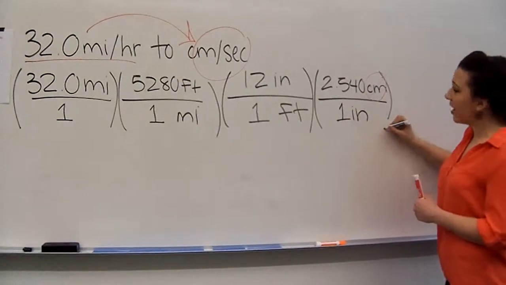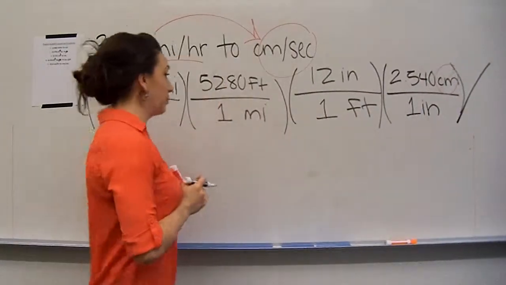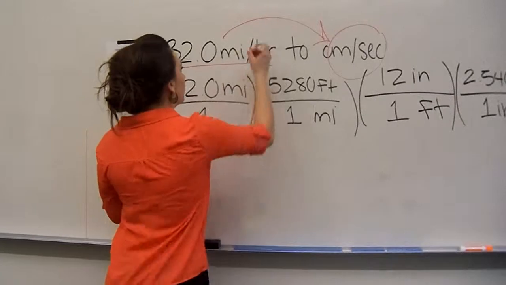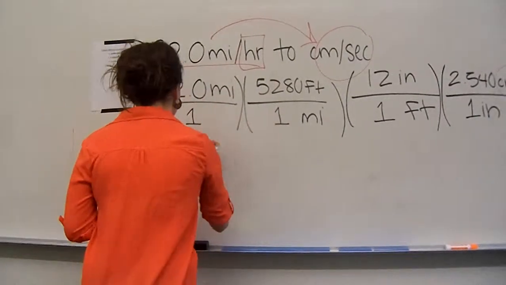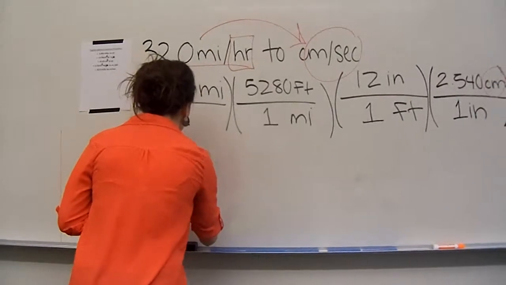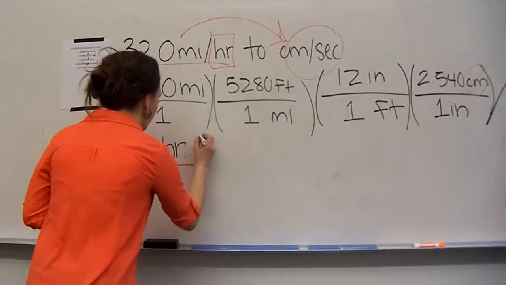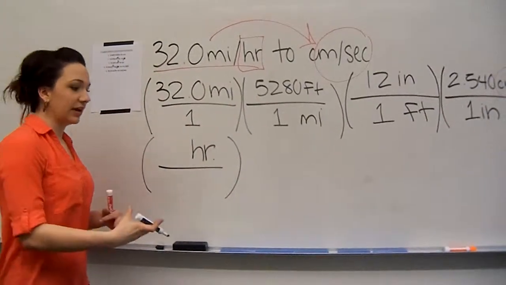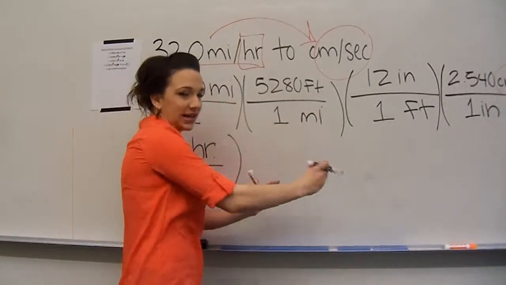As I said before, I add the slash to know that I'm now moving on to the second portion of the problem. We will take hours, which is our given unit, and we will write that on top. So we have an hour. As I said, from your knowledge, you basically use trial and error to take the beginning and get where you want to get to.